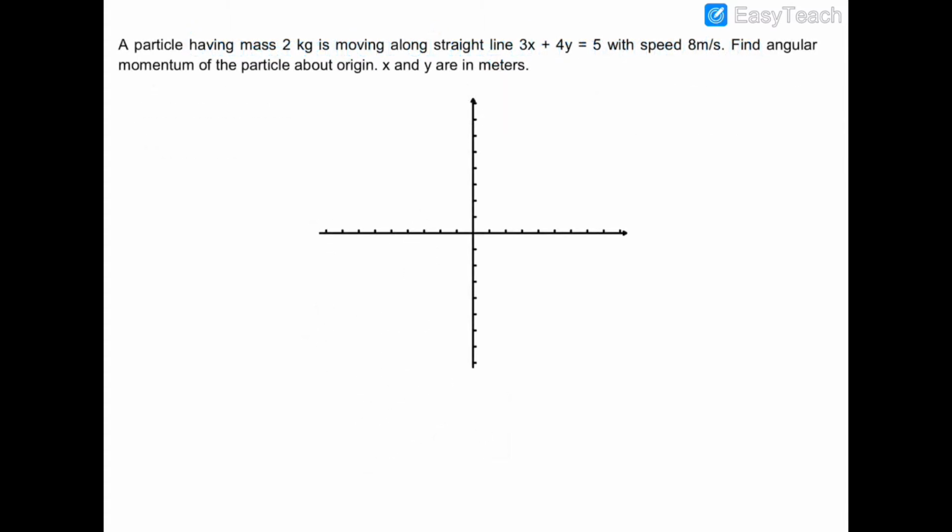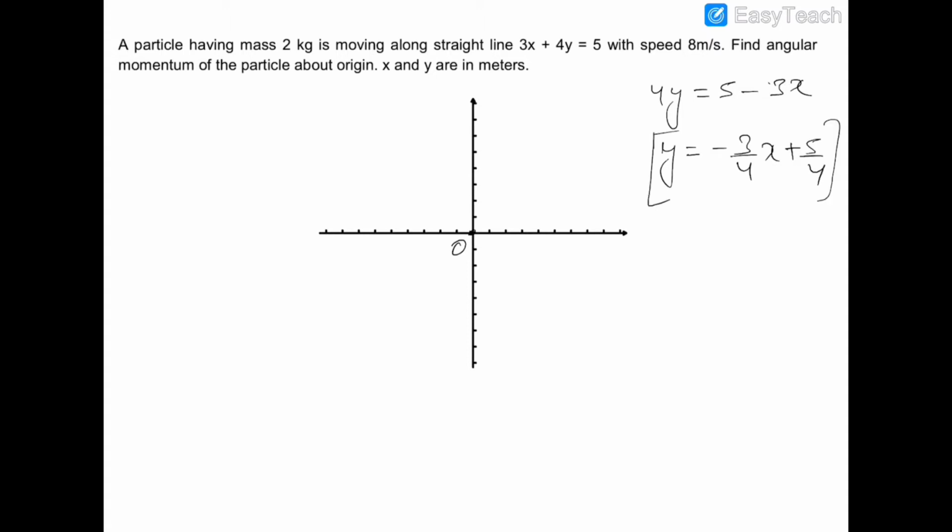In this question, there is a particle of mass 2 kg moving along the straight line 3x plus 4y equal to 5. Let us rewrite the equation as 4y equals 5 minus 3x, so y equals minus 3 by 4 x plus 5 by 4.